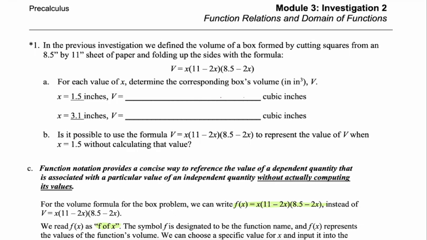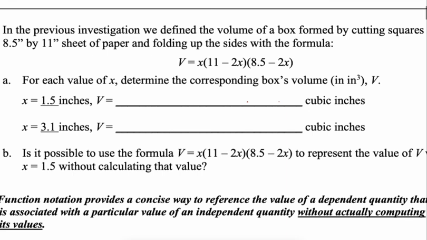And let's go ahead and look at our first one here. It says for each value of X, determine the corresponding volume in cubic inches. So I'm going to do the first one with you. So where the X is sitting, use substitution. We're going to get 1.5. Sorry, I somehow switched colors. I think my bracelet did. And then 11 minus 2 times 1.5.